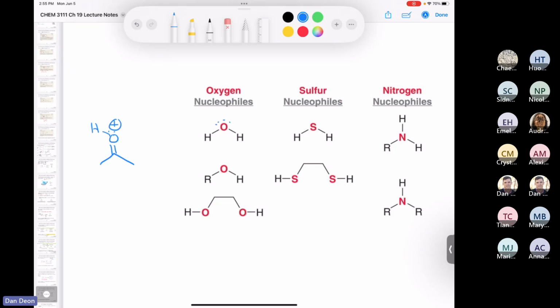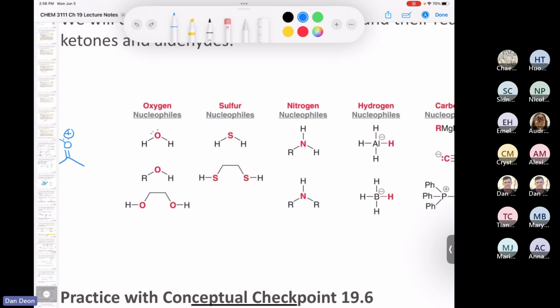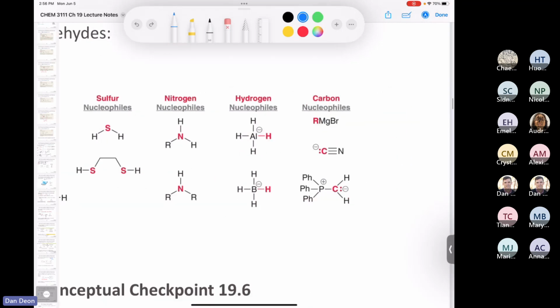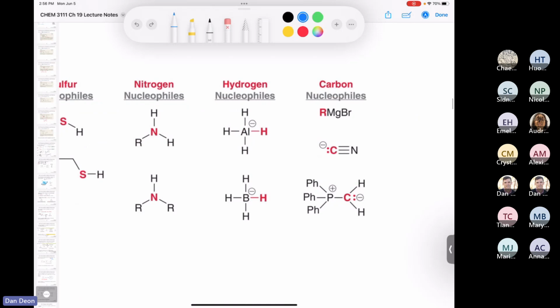So if you put the lone pair in here, then you can get a nucleophilic attack like this, but that's the only way it's going to work. The same thing with a sulfur nucleophile or a nitrogen nucleophile. These are weak nucleophiles. Then we get into hydrogen nucleophiles. These are a little bit stronger, so lithium aluminum hydride, sodium borohydride. And then at the end, we're going to talk more about Grignard chemistry.